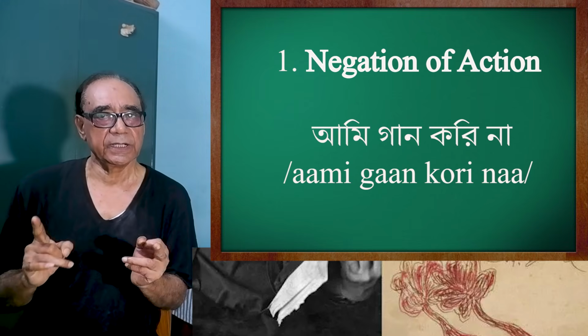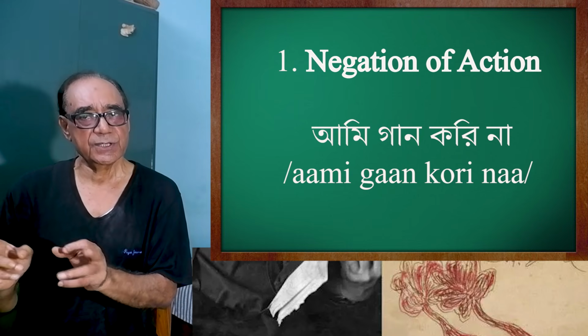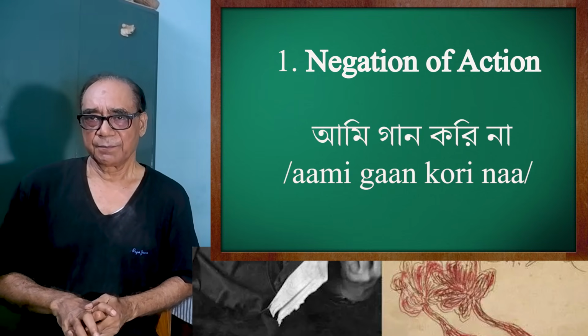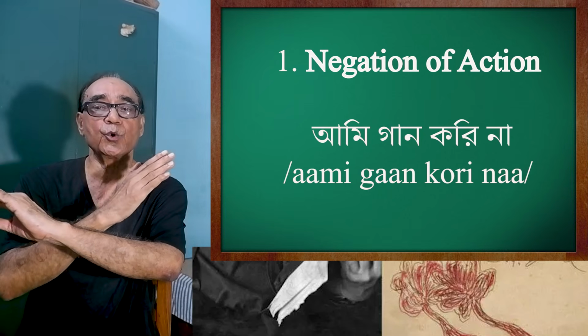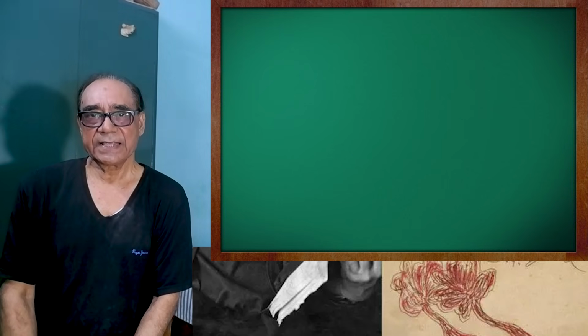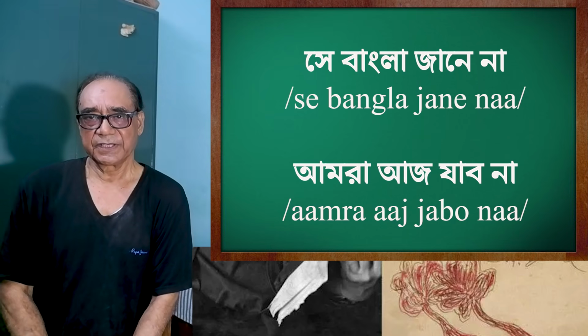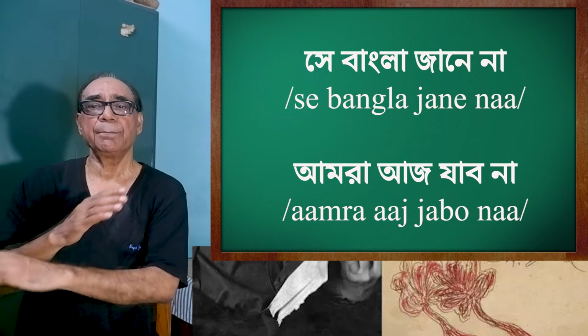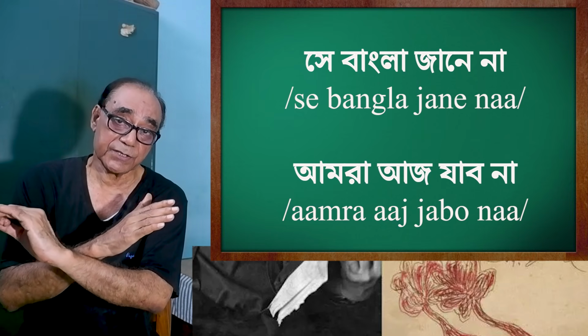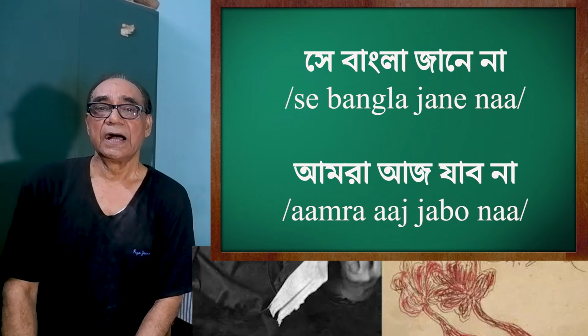Ami gan kori, it means I sing. This is a positive sentence. But if you want to make it negative, you have to say Ami gan kori na. Se Bangla jane, he knows Bengali. And make it negative: Se Bangla jane na, he does not know Bengali.